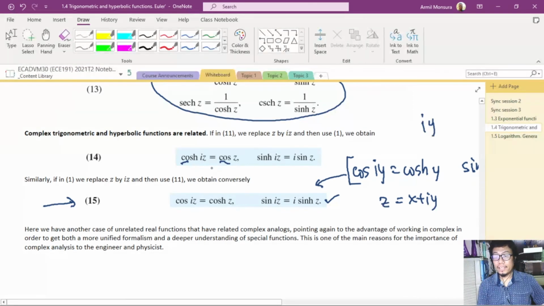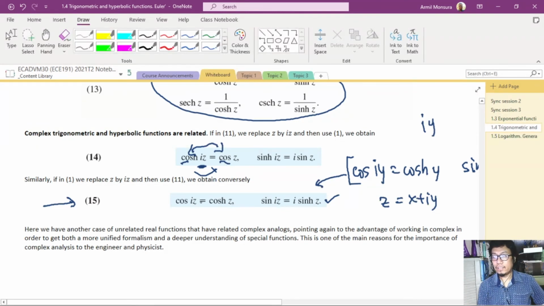Okay? This time, in the complex number domain, these two can actually be related to each other. By having a complex argument, you convert it to another form of the function. For example, if you're starting with a hyperbolic function and you make the argument complex, that would be converted to a real trigonometric function.